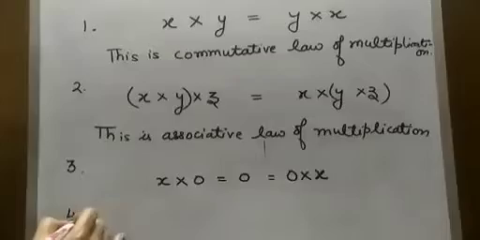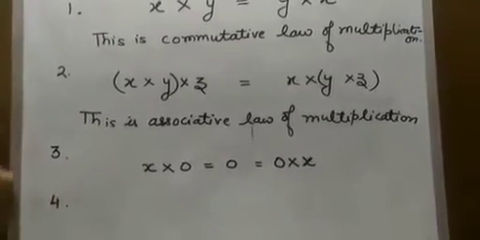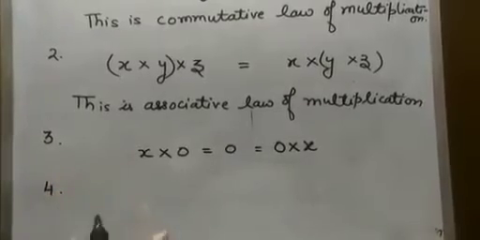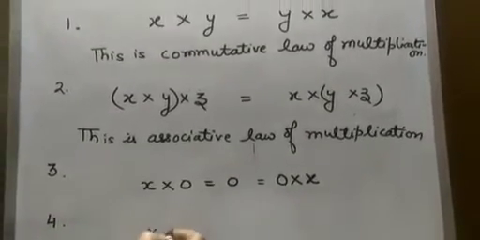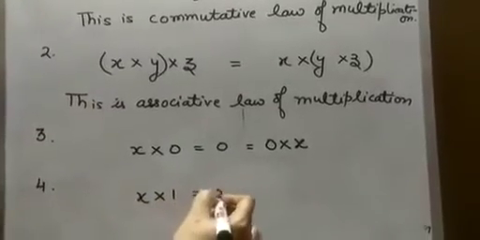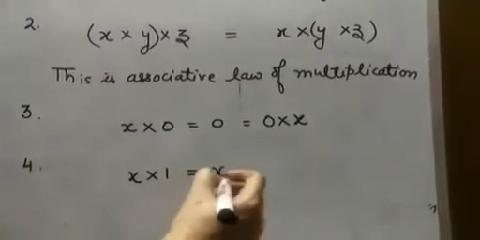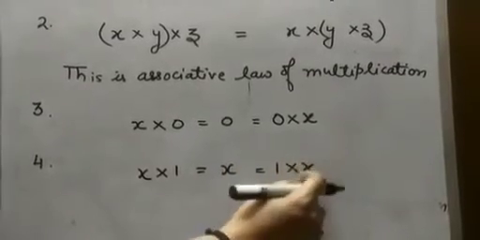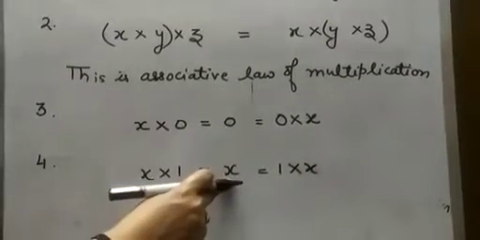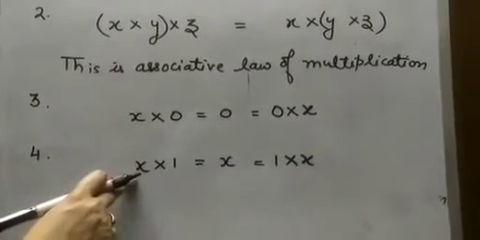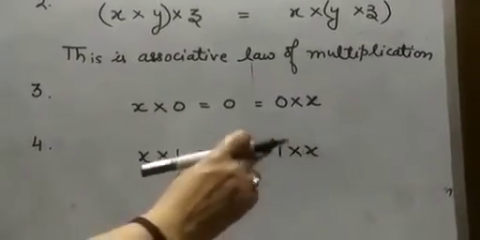The fourth property is 1 multiplied by any rational number is the rational number itself. That is, if I am taking x to be any rational number and I am going to multiply x by 1, I will get x. Same if I am going to multiply 1 by x. In both the cases, the result is x itself, 1 being multiplied by any rational number and any rational number being multiplied by 1.